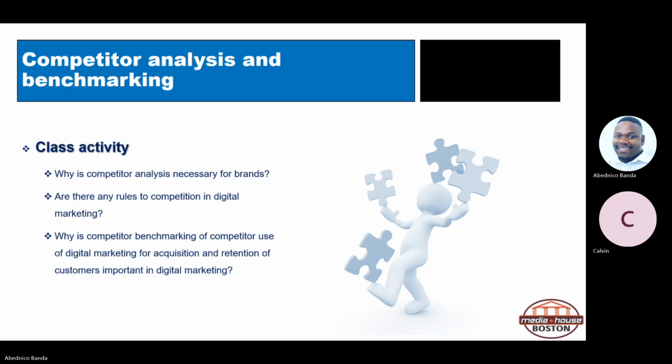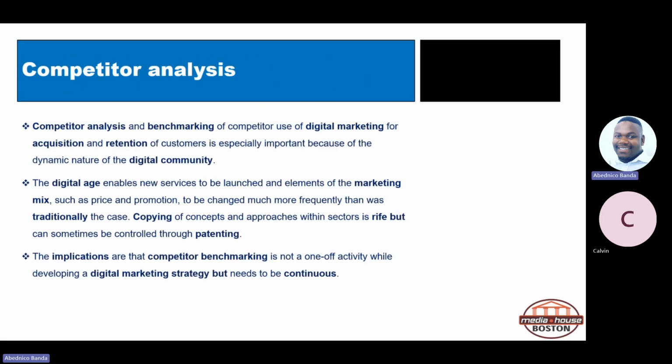So when you are doing competition, there's also what is called competitor benchmarking. Competitor analysis and benchmarking of competitor use of digital marketing for acquisition and retention for customers is especially important because of the dynamic nature of the digital community.